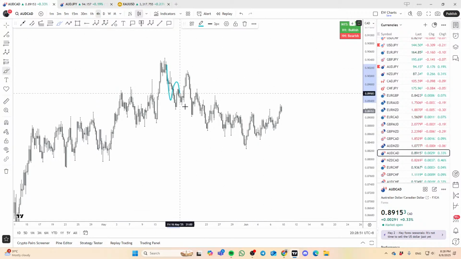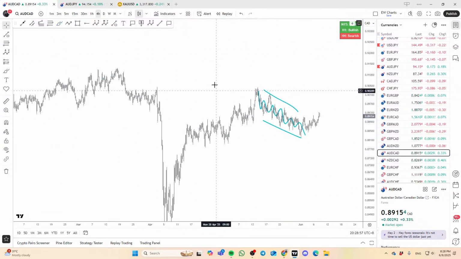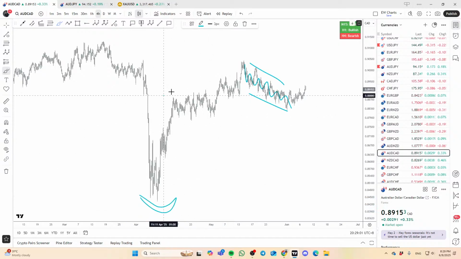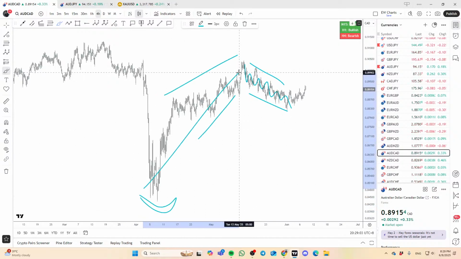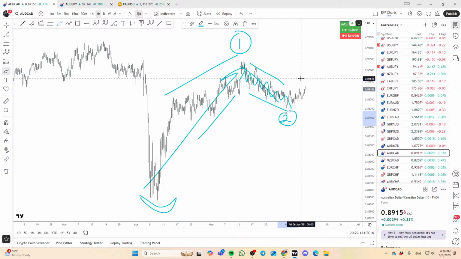This move down is corrective in nature. Of course, if you look at it from a bigger picture perspective, this would be the swing low in control. This is potentially some sort of a leading diagonal, so this can be wave 1 completing there. Would I say this is the entire completion?